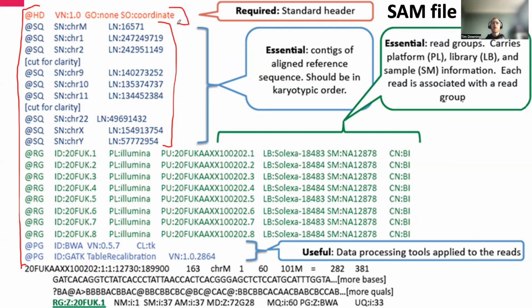So typically you have a header like this, then a bunch of different chromosomes, and you see the lengths of the different chromosomes. Then we have information on the read library, which might contain the platform, library and sample information that may or may not be present. And this, as you can read there, is an old example.